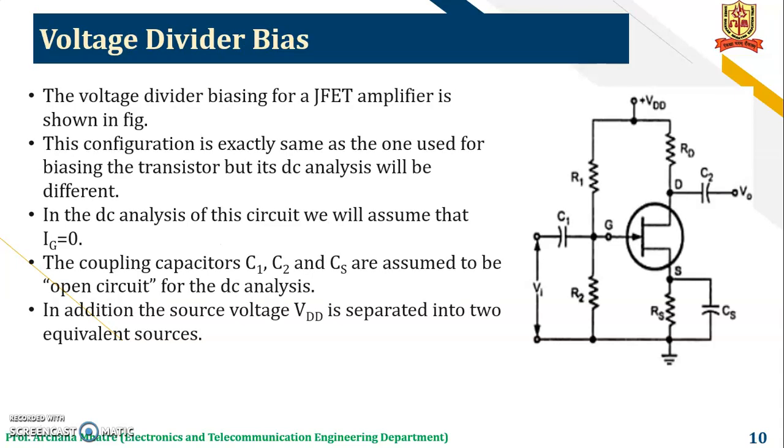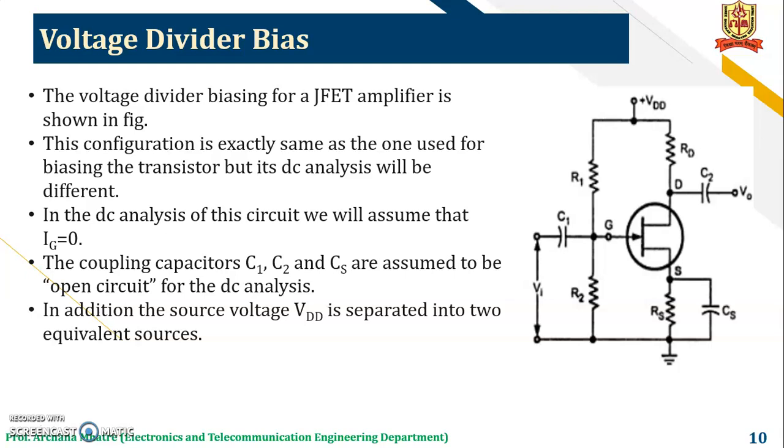Next biasing circuit is voltage divider bias. The voltage divider biasing for a JFET amplifier is shown in figure. This configuration is exactly the same as the one used for biasing the transistor, but its DC analysis will be different. In the DC analysis of this circuit, we will assume that Ig is equal to 0.